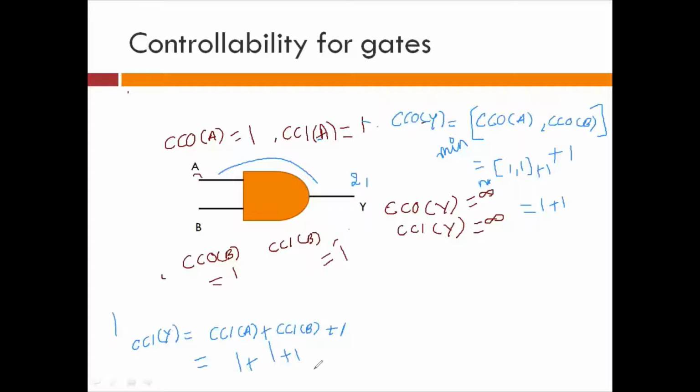That is with increase in the level. So this gives me 3. So I have actually measured my controllability for AND gate as 2 and 3. So these were the default values when we started the analysis, and these are the actual values which we have calculated.